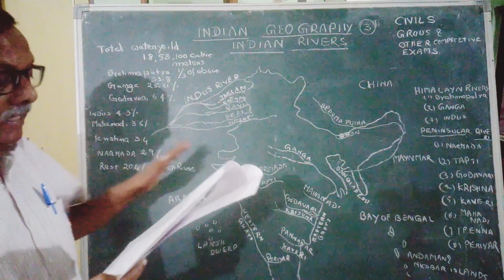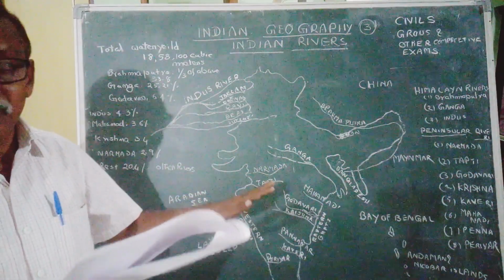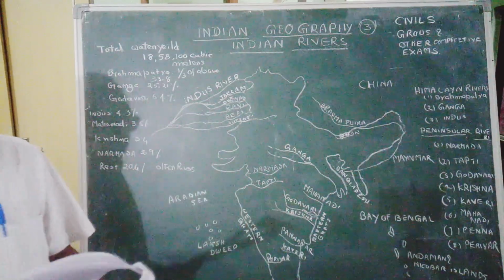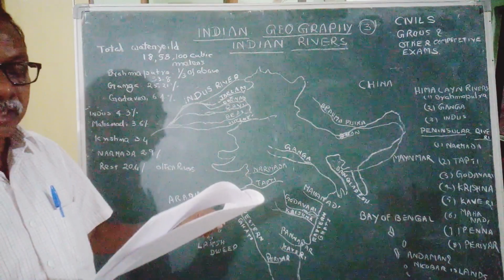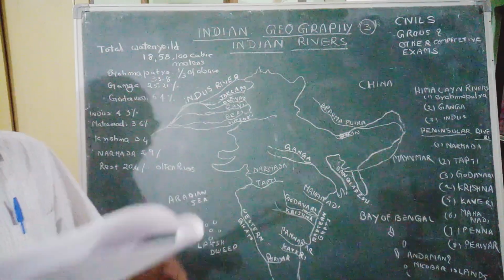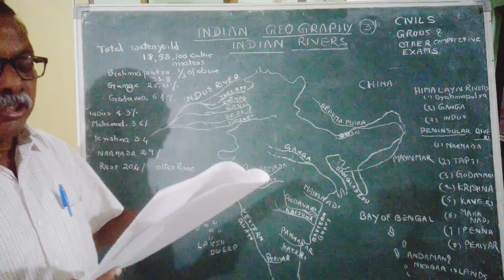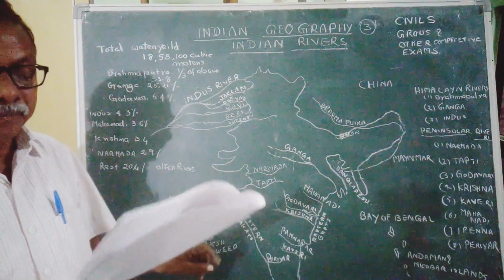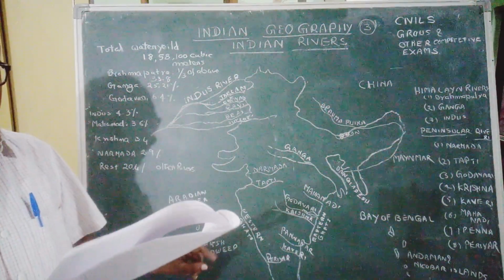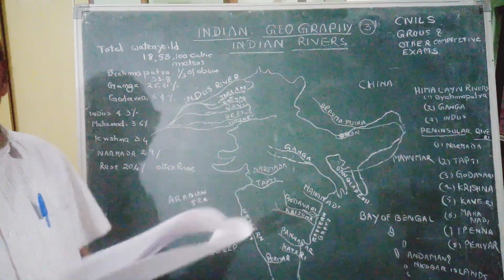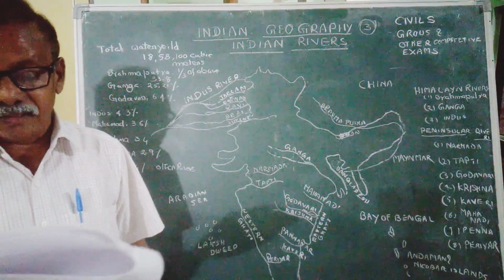Its catchment area in Maharashtra is 48.6%. In Andhra Pradesh it is 23.8%. In Madhya Pradesh and Chhattisgarh it is 20.7%. In Orissa it is 5.5%, and in Karnataka it is 1.4%.